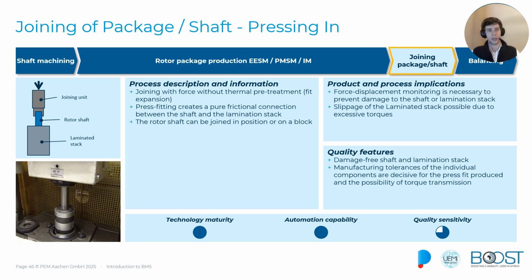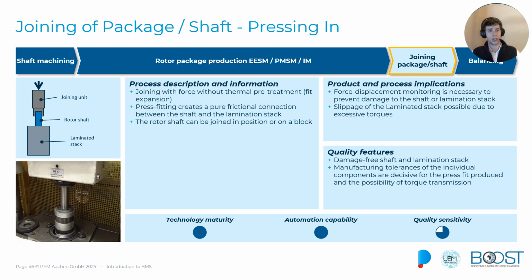Another possibility is pressing in to join a rotor package and shaft. It involves using mechanical force to fit the rotor onto the shaft. The process starts by aligning the rotor bore with the shaft.